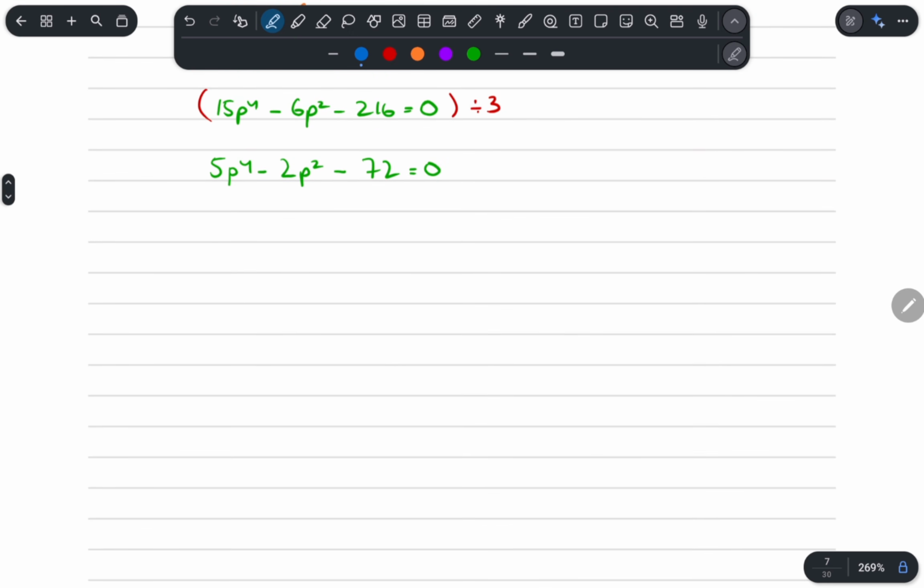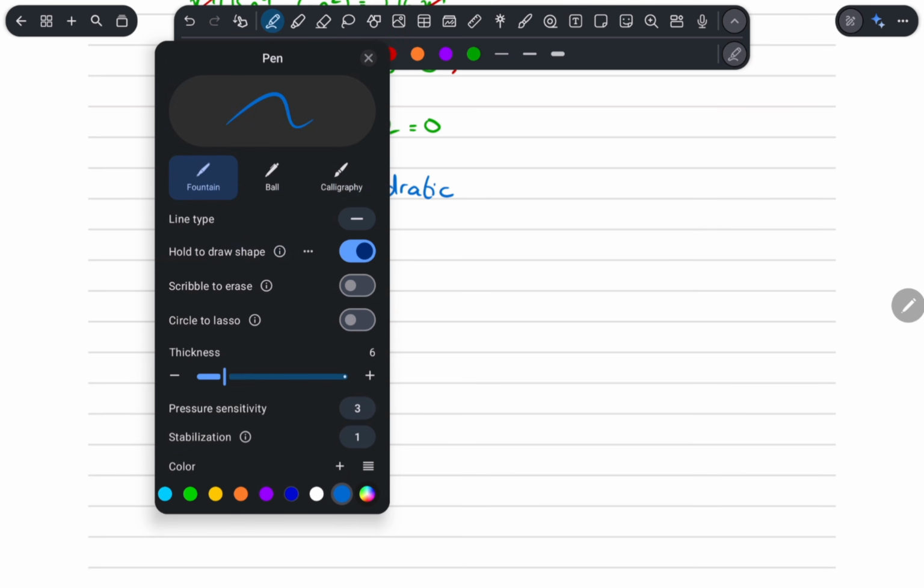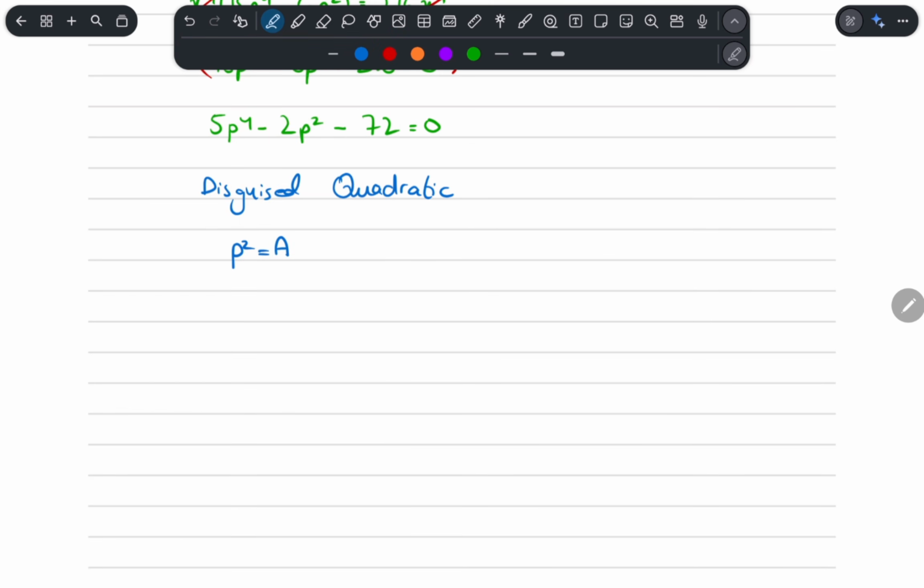So let's put p squared equals a as a substitution. So this will become 5a squared minus 2a minus 72 equals 0. Now this is more legible for us.